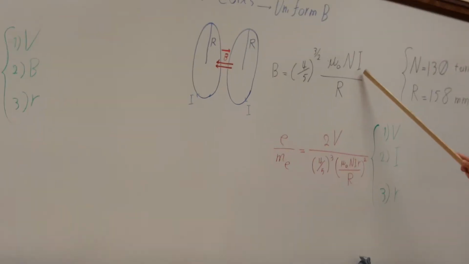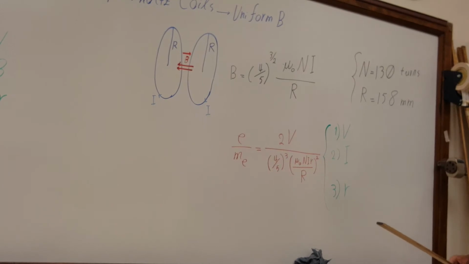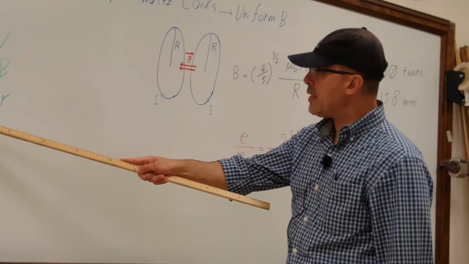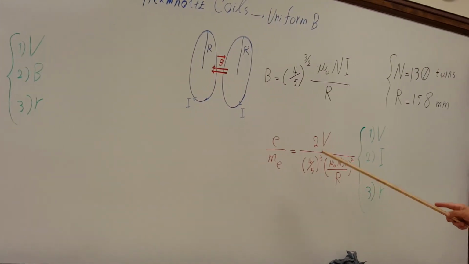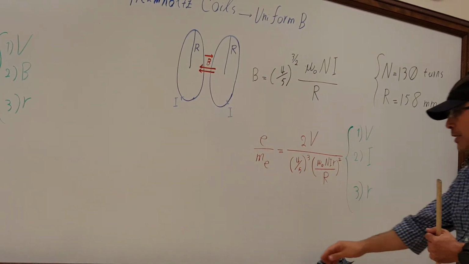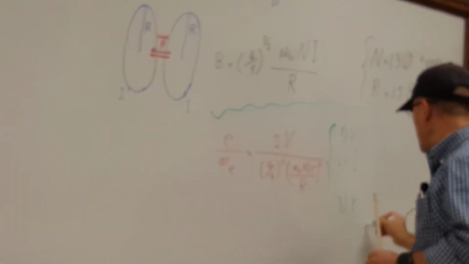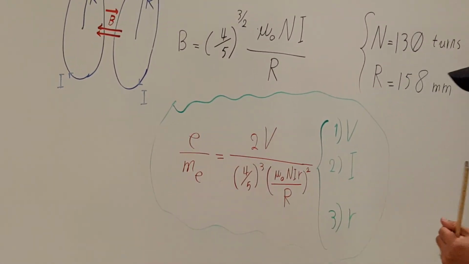But we can change the current, and mu 0 is the constant, we know that. So again, I can replace this expression here, and I end up with this equation. It is our final equation that you need to do your calculation.